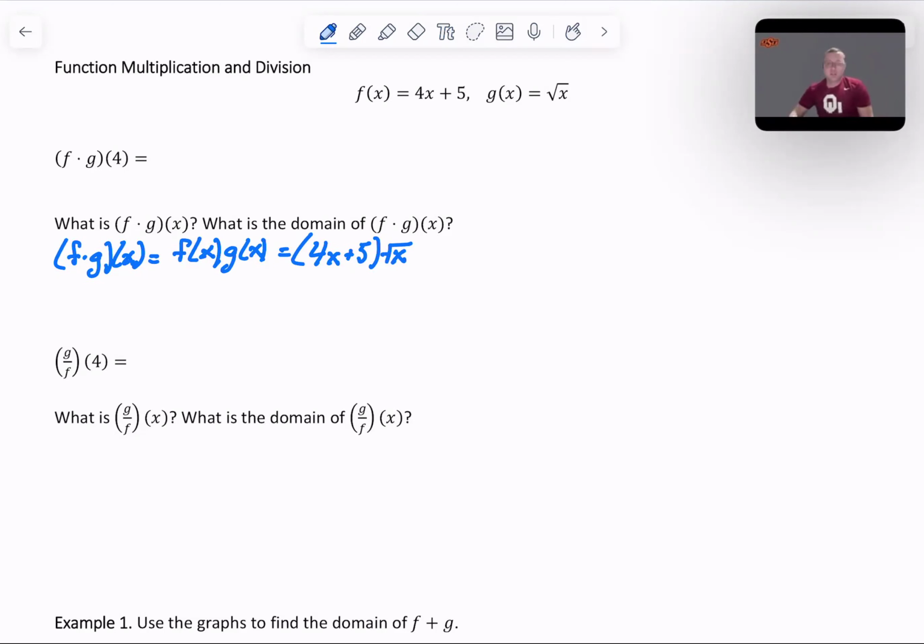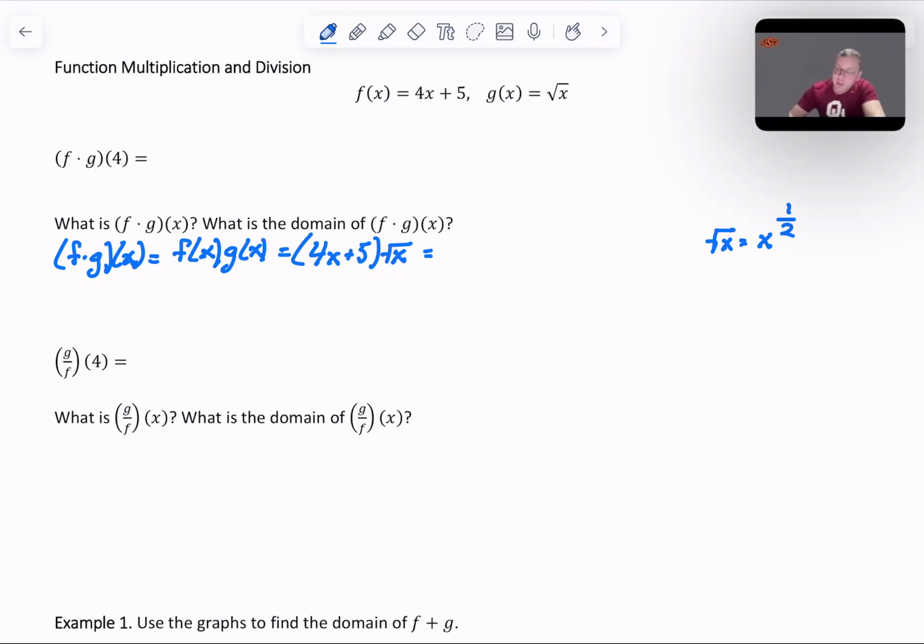Now, this one is where it gets a little weird if you haven't seen something like this before. The square root of x can also be written as x to a power. So the square root of x can also be written as x to the 1/2 power.